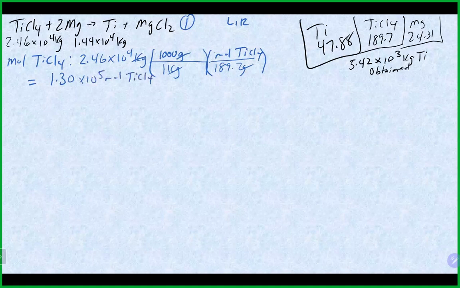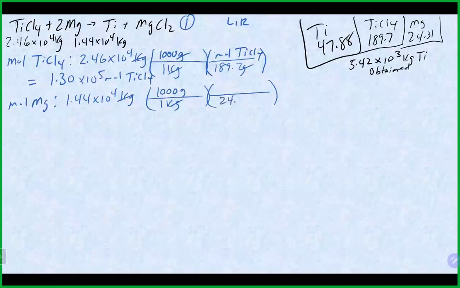We're going to do basically the same calculation here for our other reactant. So we want our moles of magnesium, 1.44 times 10 to the 4th kilograms. Once again, we're going to convert it into grams. So 1 kilogram is 1,000 grams. Now we could use the molar mass correctly here. So we'll go with 24.31 grams per mole.